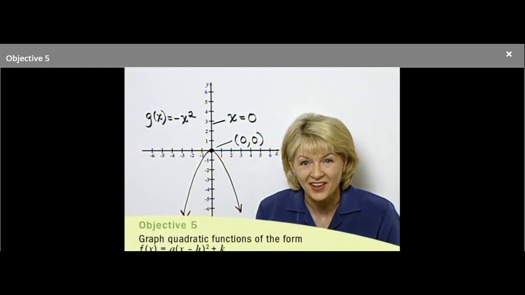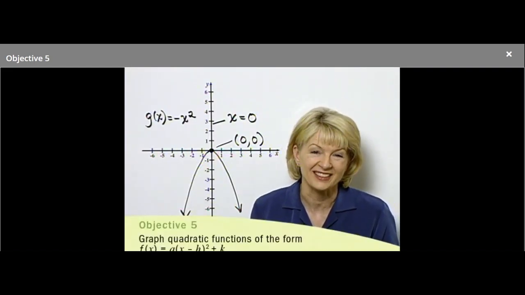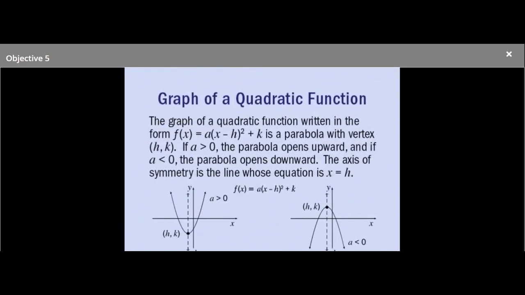Let's put all of this together, and let's look at the following. This is in general the graph of a quadratic function. The graph of a quadratic function written in the form f of x equals a, x minus h quantity squared plus k is a parabola with vertex h, k.